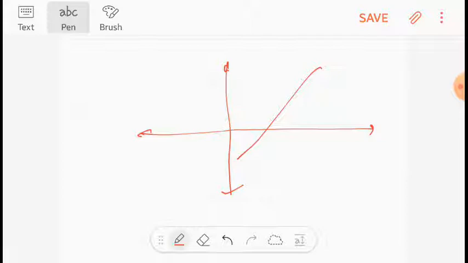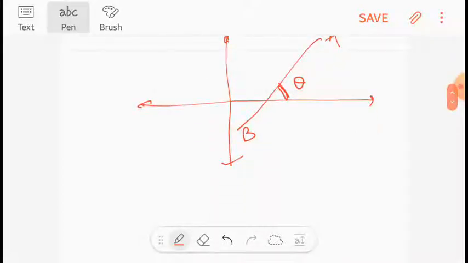This line makes an angle theta with the x-axis. I consider AB as a line here and theta is here. This theta is called the inclination, and we always use the value tan theta, which is called the slope. Theta is an angle, not a numeric value.